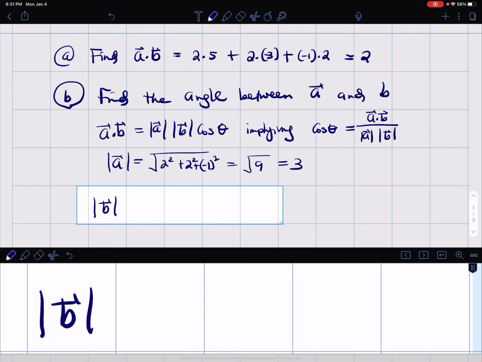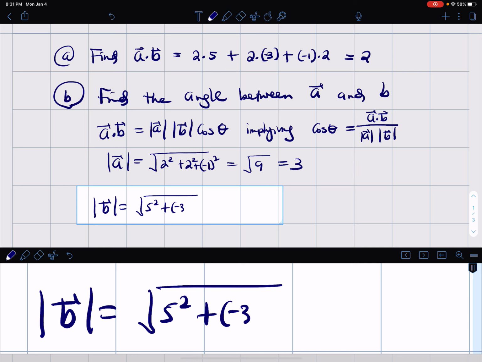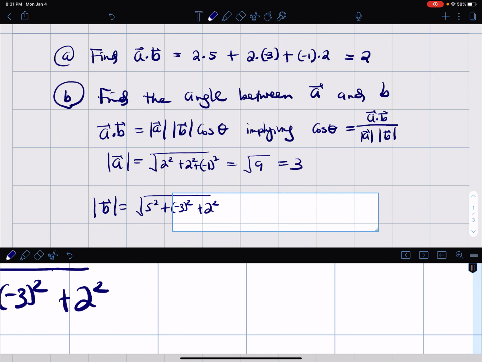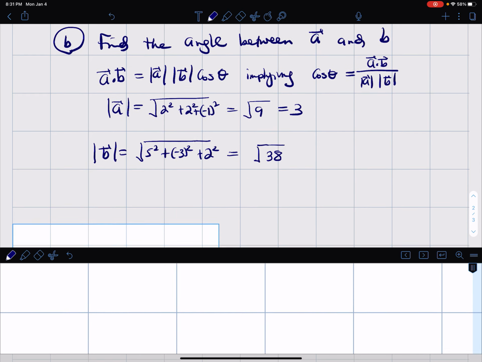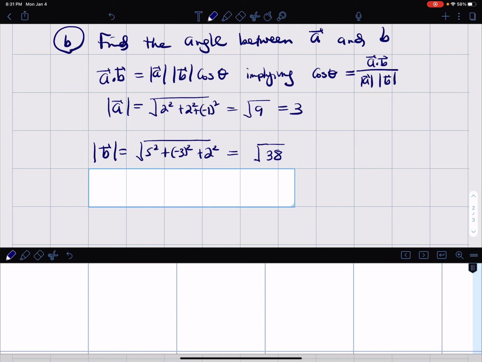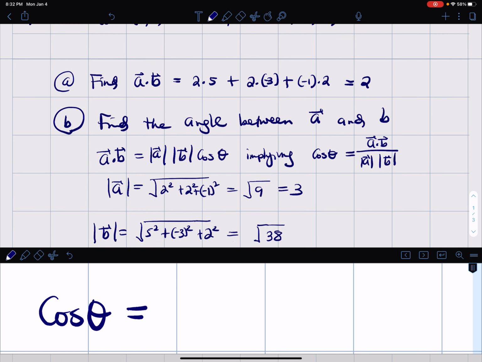And the magnitude of b is the square root of 5 squared plus negative 3 squared plus 2 squared, which should give us square root of 38. All right, so we want the angle between them. We know that the cosine of the angle between the two vectors is going to be a dot b, which is 2.